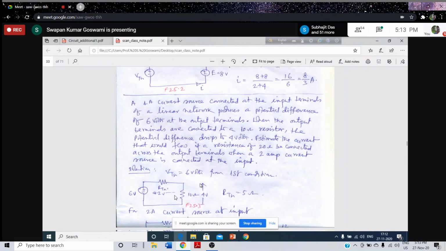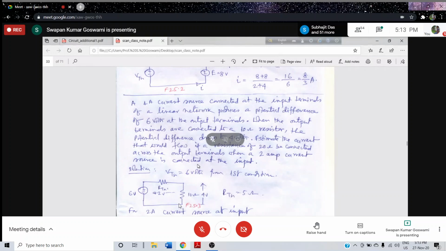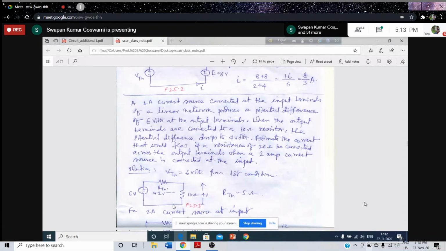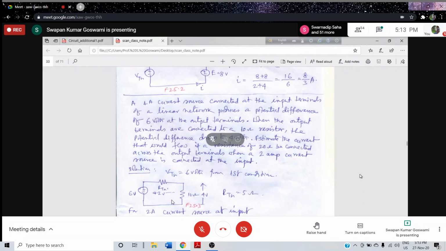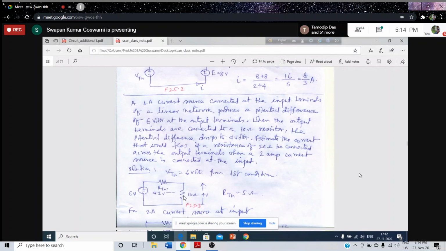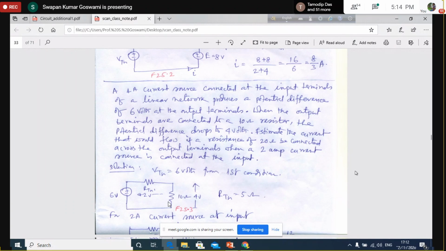But when a 10 ohm resistance is connected to the output and you measure the potential difference at the output, that becomes 4 volt. Previously, it was open, so between the open circuit terminals we could see 6 volt. Now, as soon as you connect 10 ohm across the two terminals, the reading of the voltmeter becomes 4 volt. It drops to 4 volt from 6 volt.